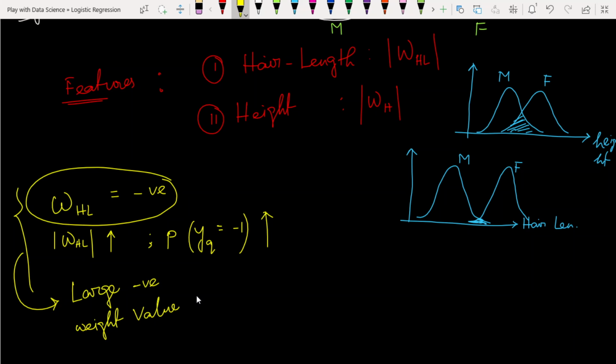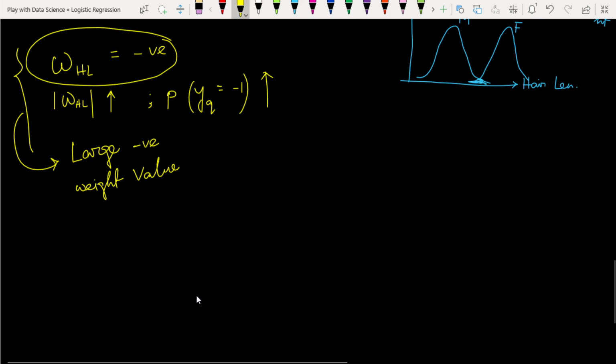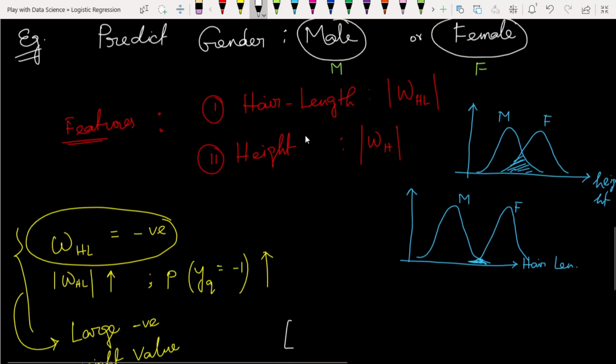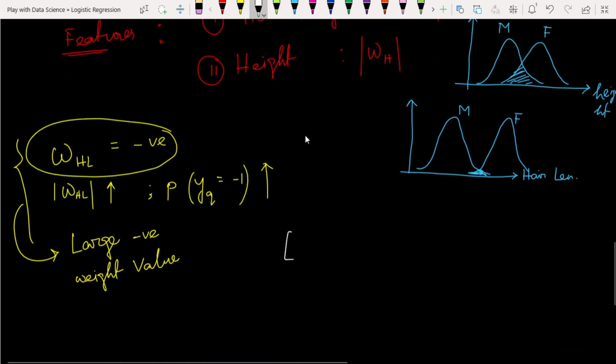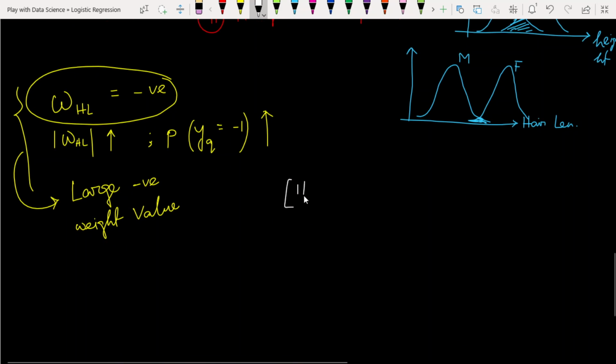Now, for height, if we consider the height increased, then the probability also increases.